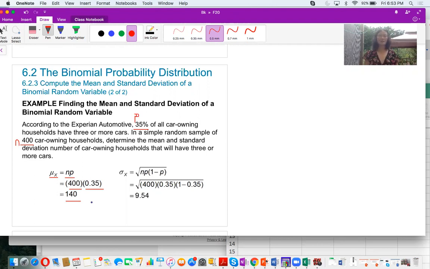On average, the number of households that will have 3 or more cars is 140. Now calculate the standard deviation of the binomial distribution. Use this formula, n equal to 400, p equal to 0.35, and you get this number.